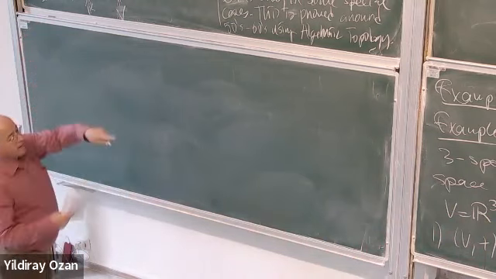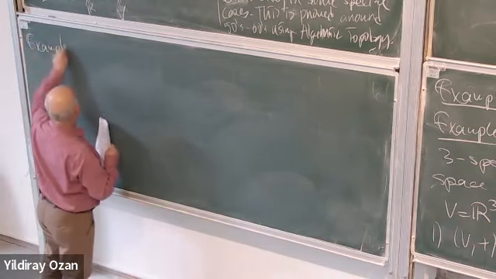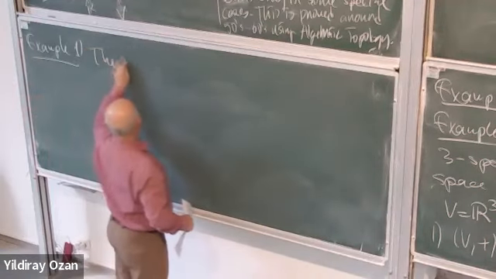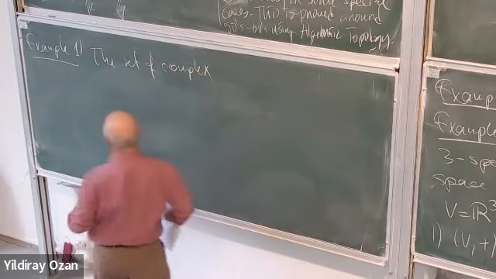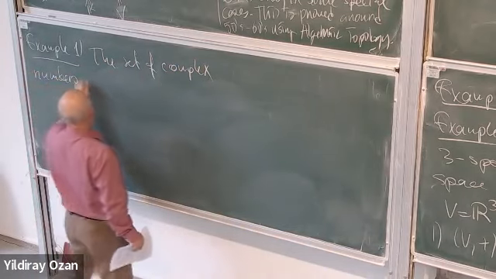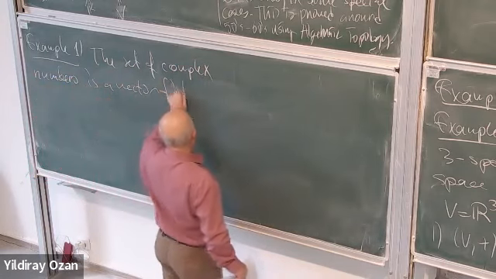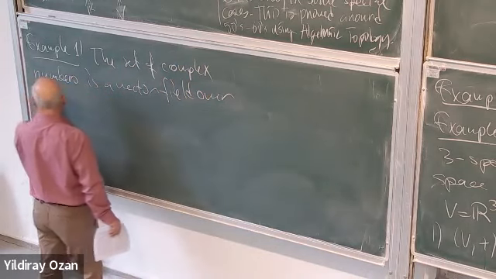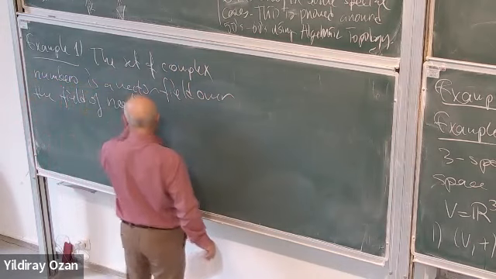Okay, that was example 0. This is example 1. The set of complex numbers is a vector space over the field of real numbers.